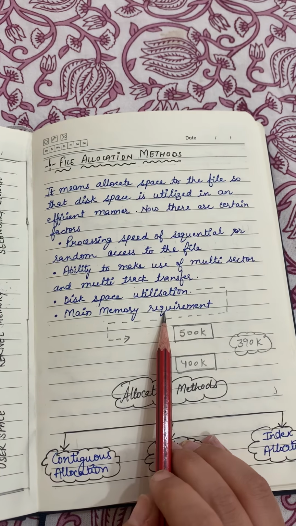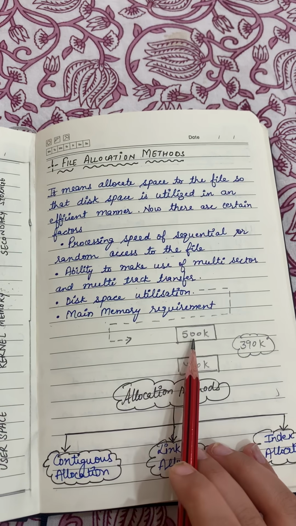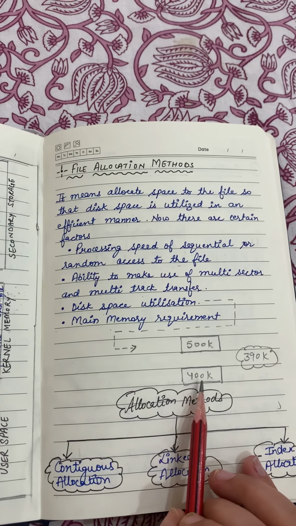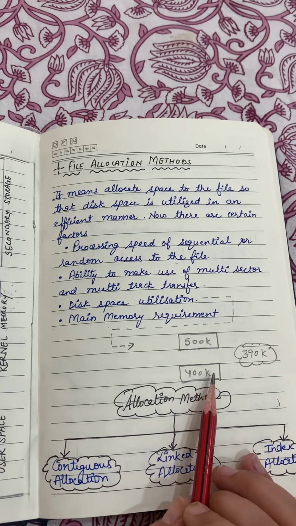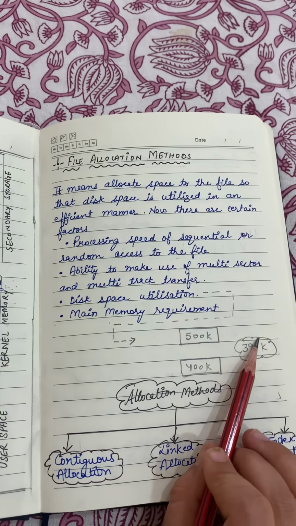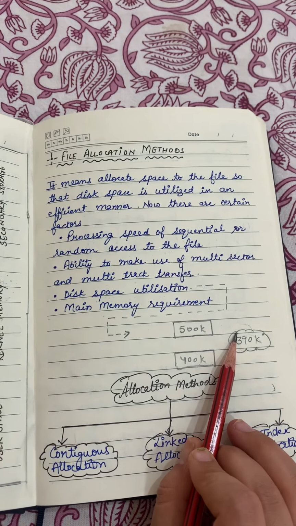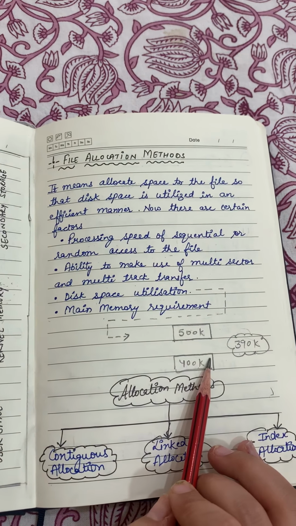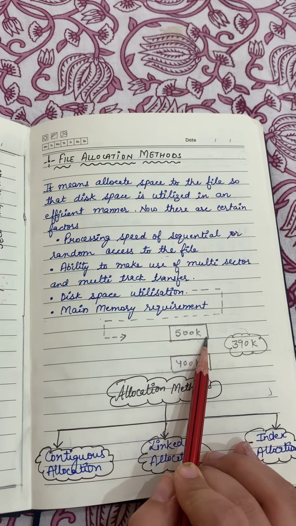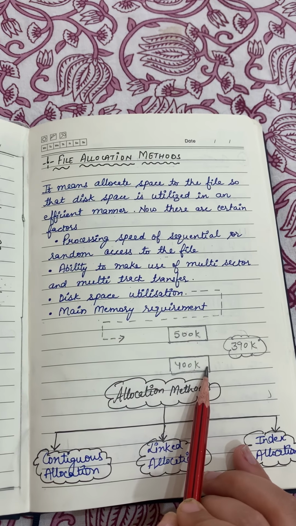For example, if I have a disk with a block of size 500k and another block of size 400k, and I have one file of 390k, and I have to allocate that file to the disk. Now there are two blocks. Either I can choose 500 or I can choose 400.